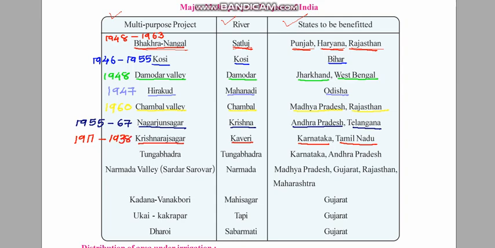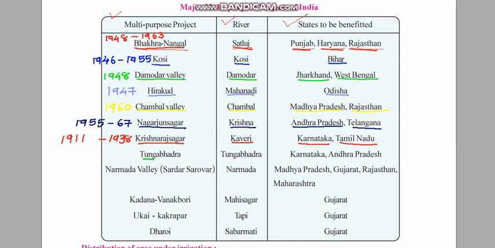Let me rub this and write again so that you can easily remember it. 1911. Okay, so it got completed in 1938. So this is a project which started before the independence.